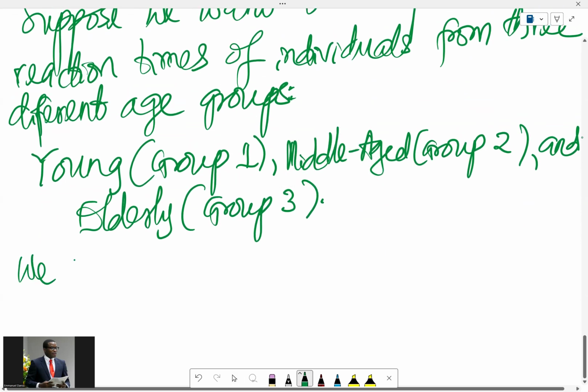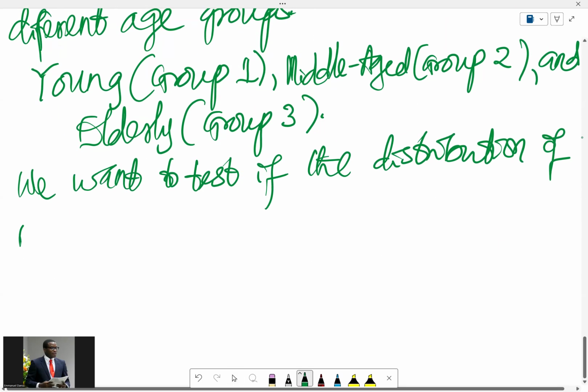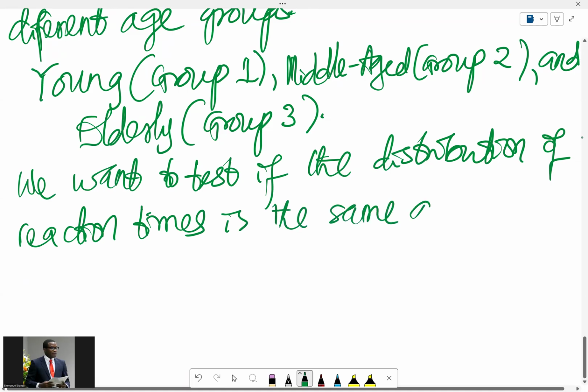So we want to test if the distribution of reaction times is the same across these groups. Okay.